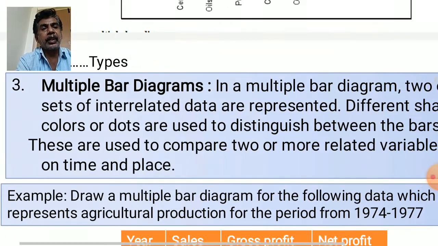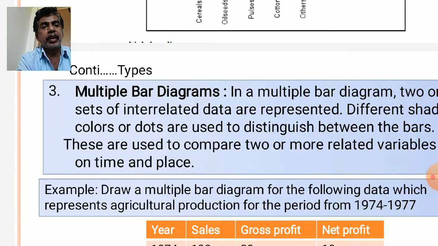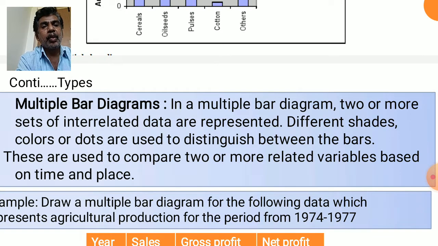Now, multiple bar diagrams. A multiple bar diagram is another type of one-dimensional diagram or bar diagram. In a multiple bar diagram, two or more sets of interrelated data are represented. Different shades, colors, and dots are used to distinguish between the bars.